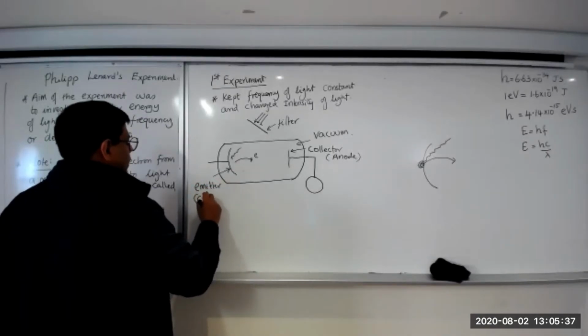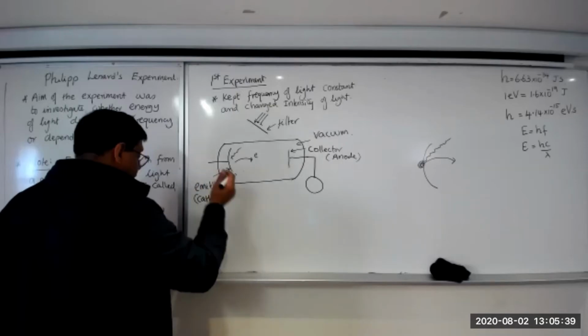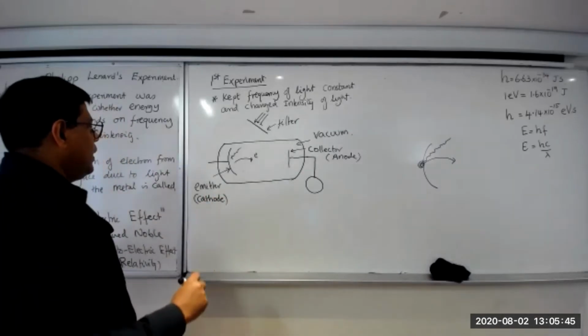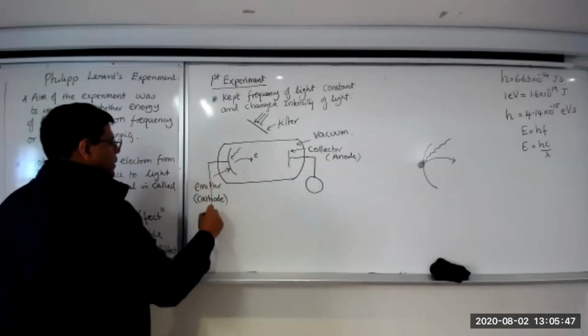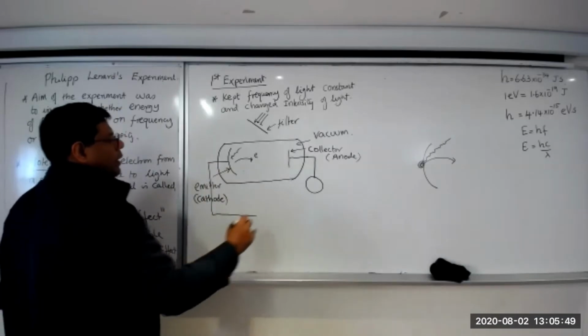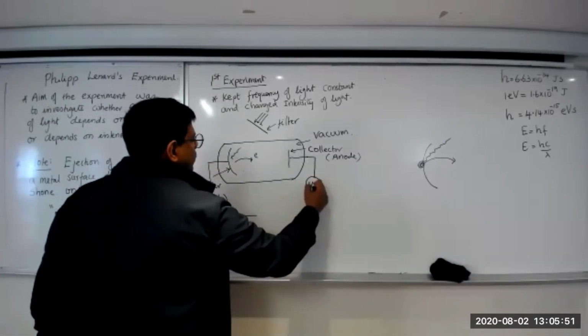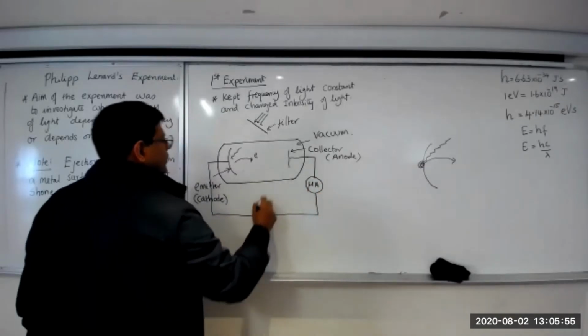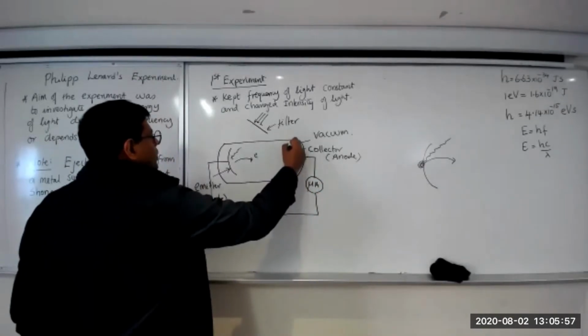Cathode. Whatever the side that emits electron, we call a cathode. But don't mix up with your cations and anions in your chemistry. And this is like a very sensitive ammeter. I initially made this one to be positive.